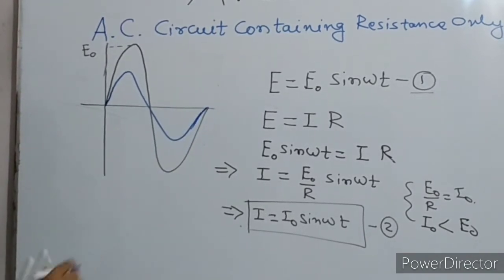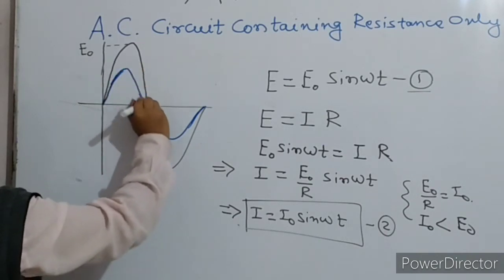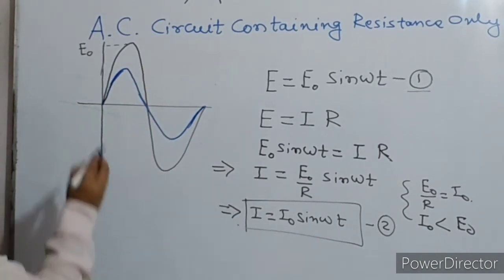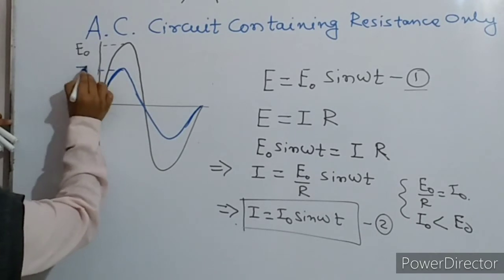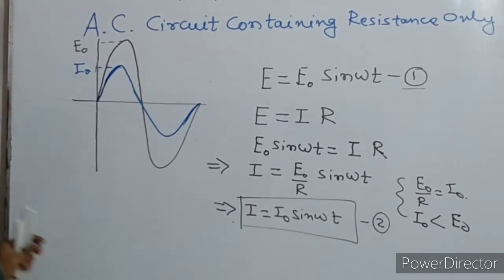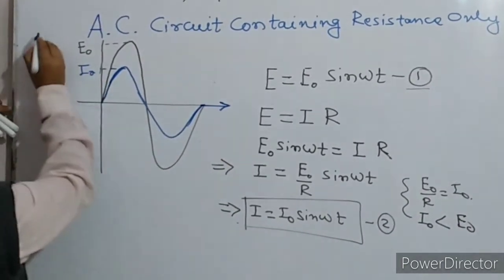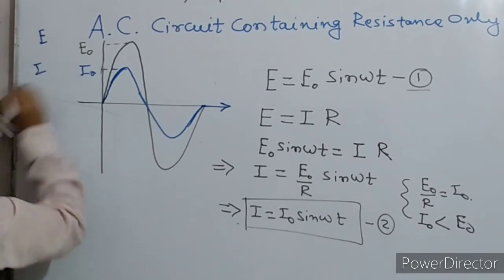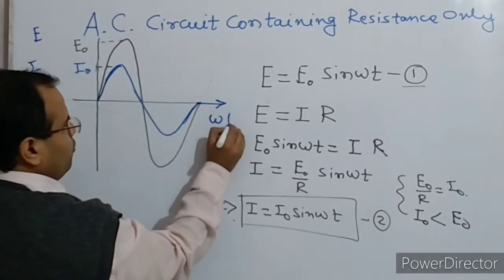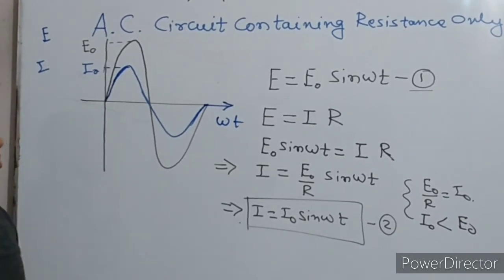This is the peak value of alternating current, that is I naught. This graph is plotted with EMF and current on the y-axis, and omega t on the x-axis.